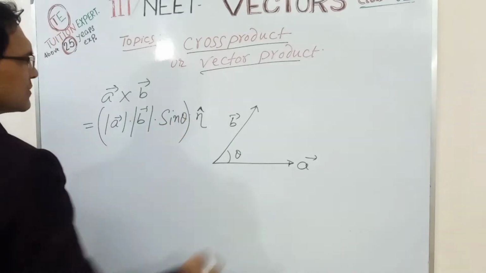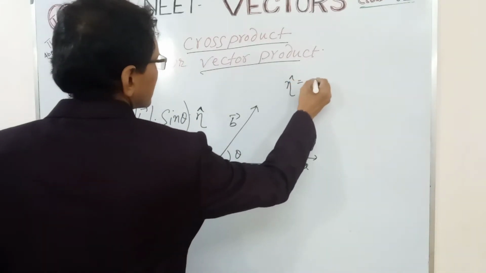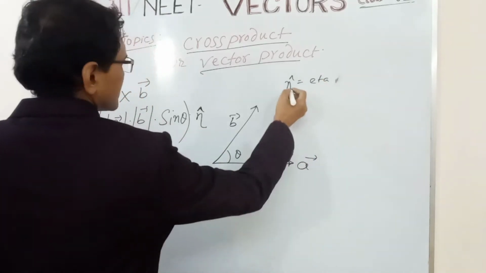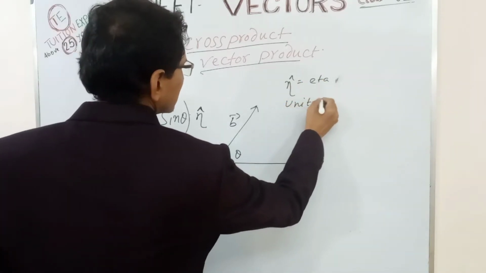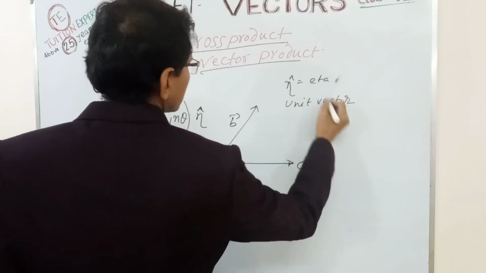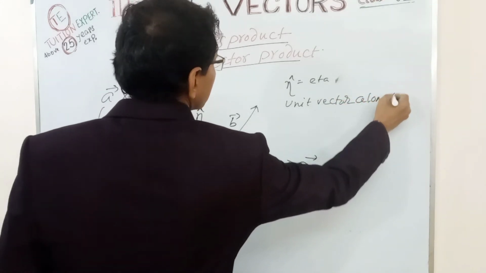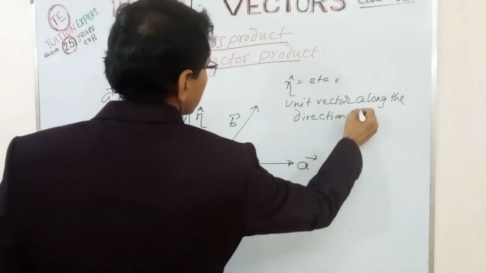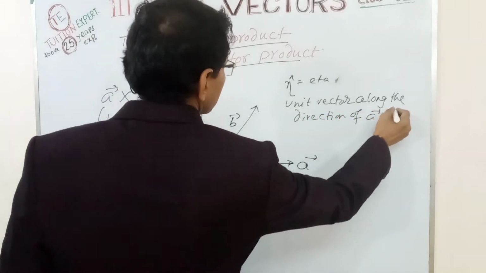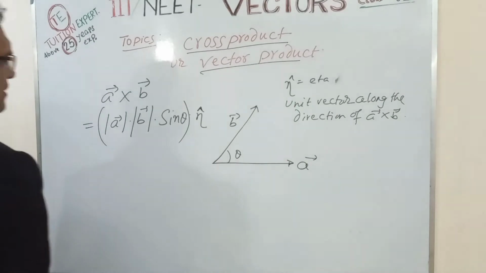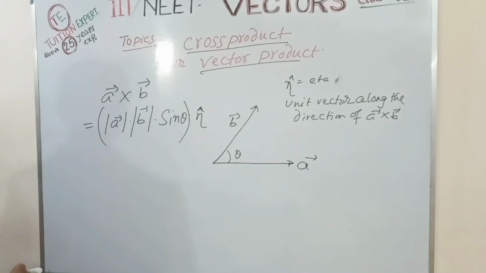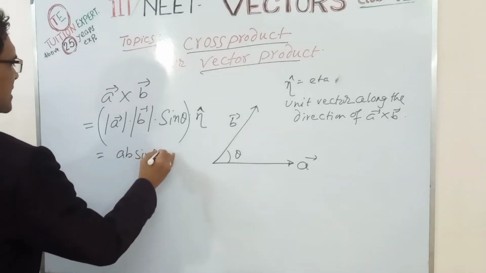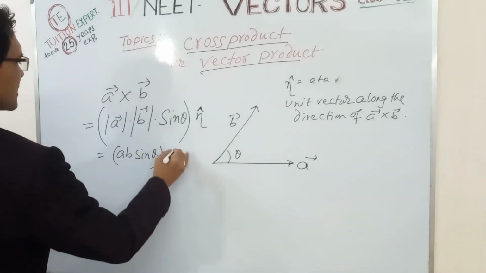This is called eta, a unit vector along the direction of A cross B. Now, what is the direction of eta? The direction of A cross B is very important. I will discuss it later. A cross B equals AB sin theta into the eta vector.